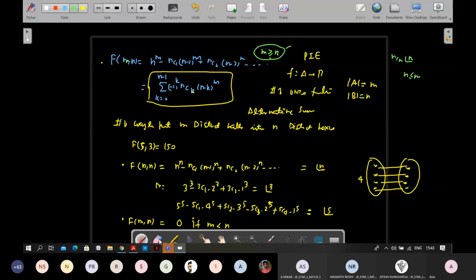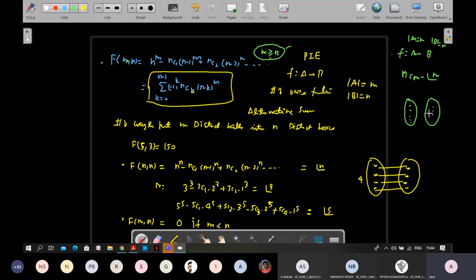Similarly here, for one-one functions from m to n, the number was n choose m factorial m. If the number of balls is more and boxes fewer, say 3 boxes and 8 balls, then it can never be one-one.